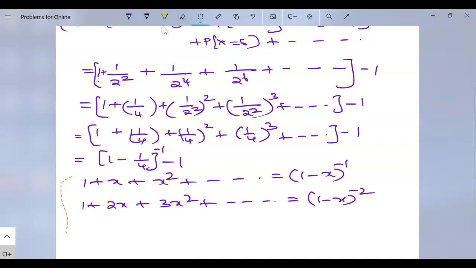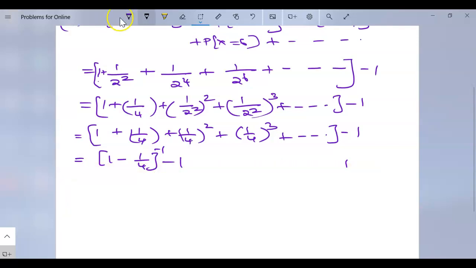The problem is done. So what you will do here is, you will integrate this. So you will calculate this. The calculation of this is 1 minus 1 divided by 4, the whole inverse, minus 1.